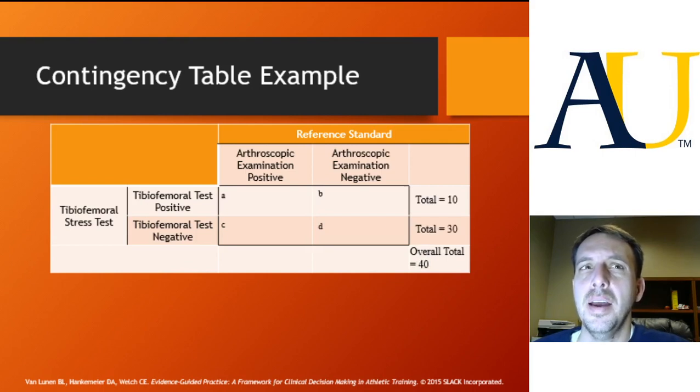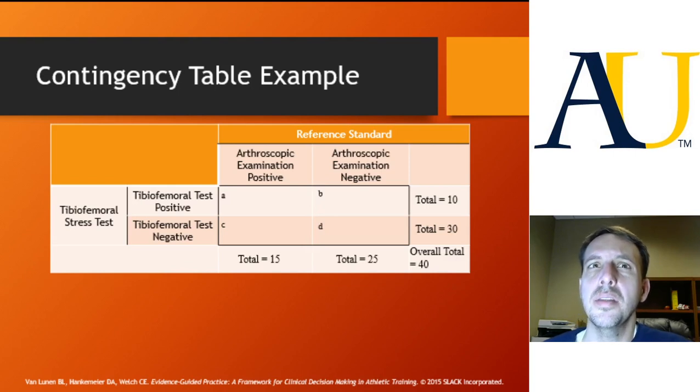What we found is the tibiofemoral stress test diagnosed 10 of these individuals with a positive characteristic and 30 without, whereas the arthroscopic condition diagnosed 15 with a condition and 25 without.